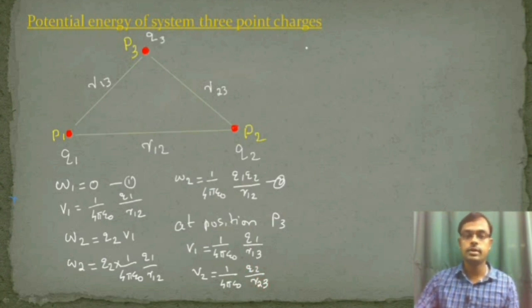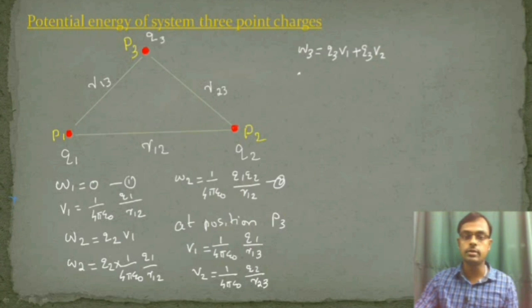Now we are going to write the total work done. W3 is equal to, which charge are you bringing now? Q3. So I can write Q3 into the potential due to charge Q1, that is V1, plus Q3 into the potential due to Q2, that is V2.